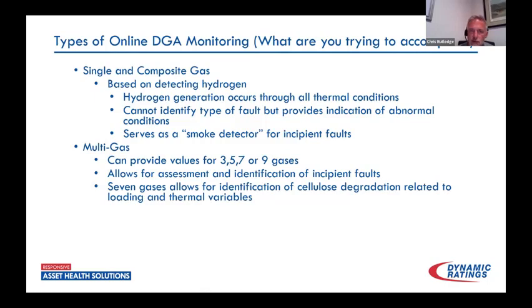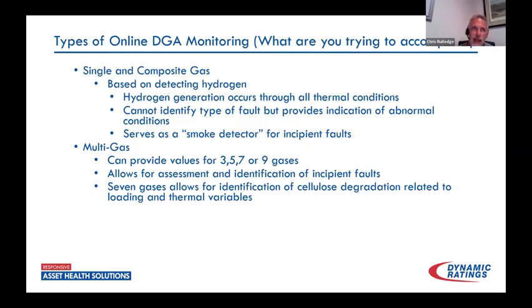With multi-gas, we're able to actually go in and do some analysis of these events. So hydrogen, think of as more of just a smoke detector. It's going to say, hey, we've got something going on. And like I said, if the alarms are set up correctly, it may give you a bit more information as to, do I need to get this transformer out of service, or is this something that we need to further investigate?